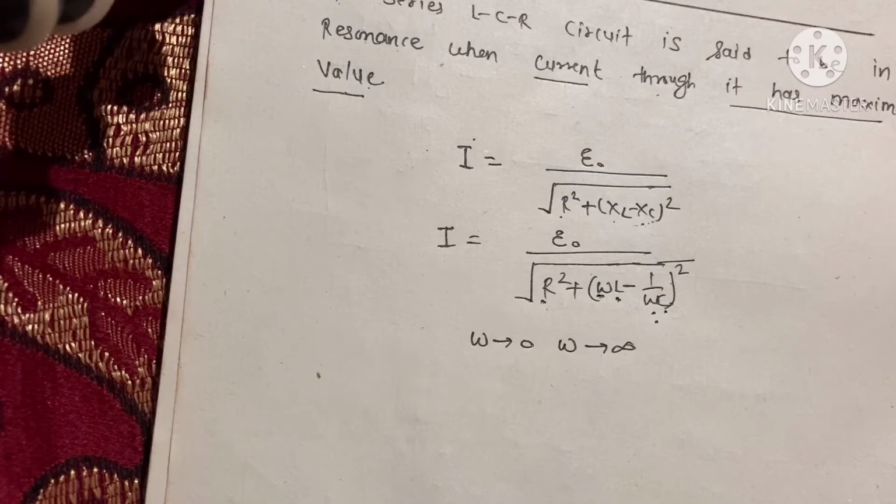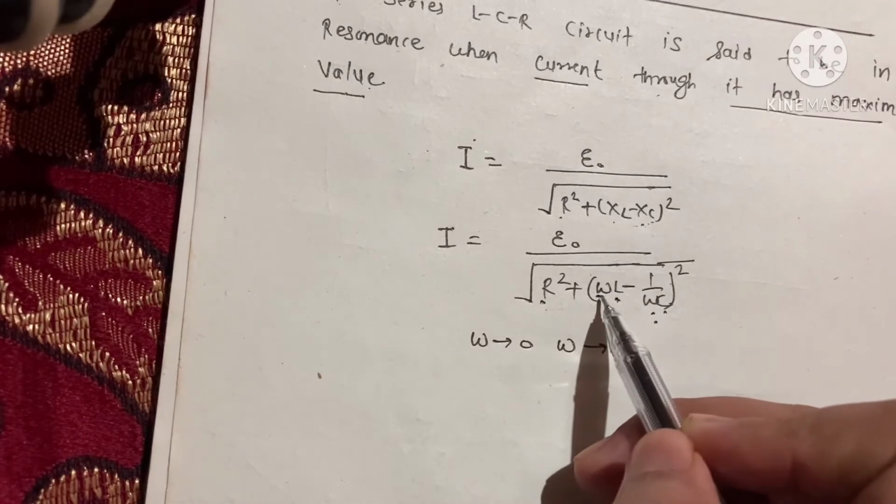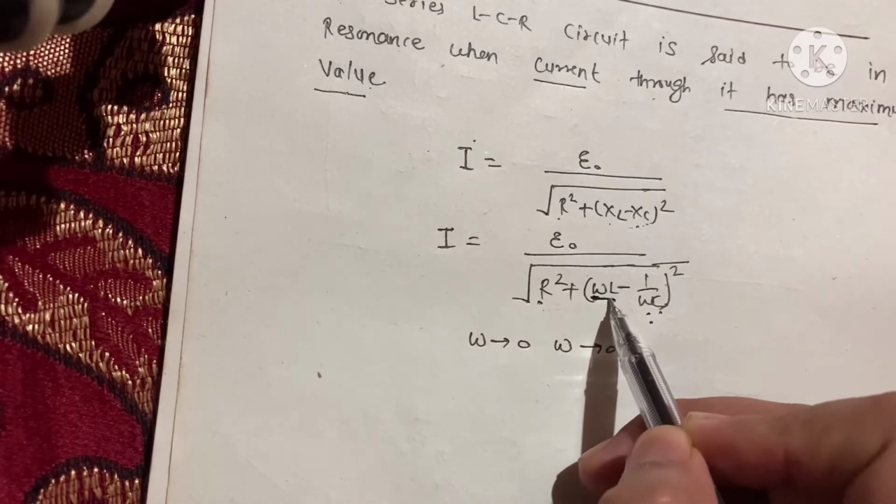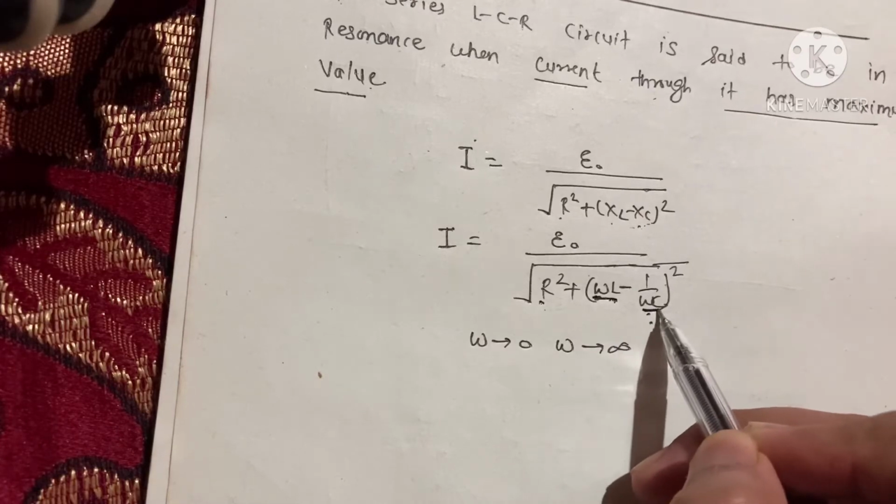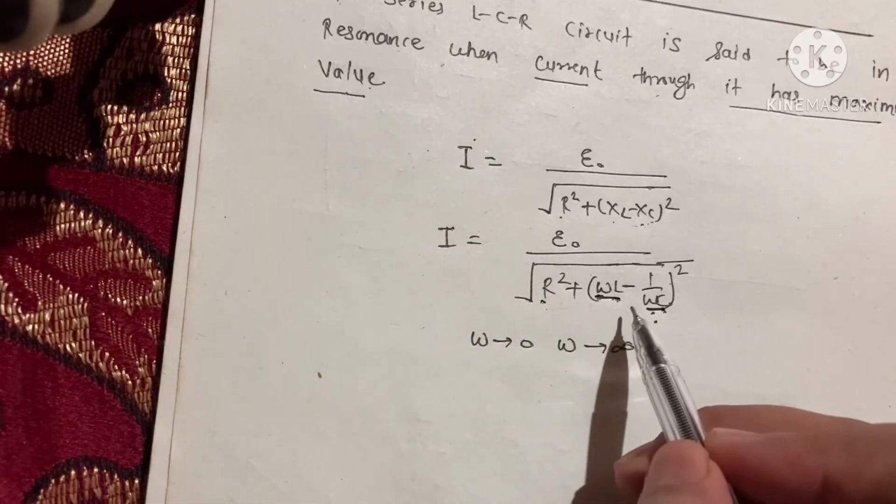So one option is there: there must be some value where omega L and 1 upon omega C become equal.